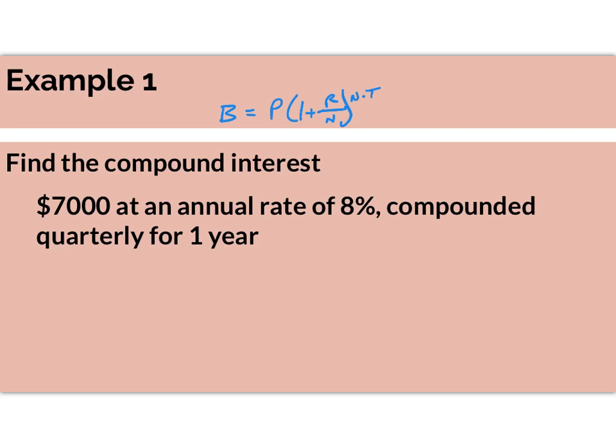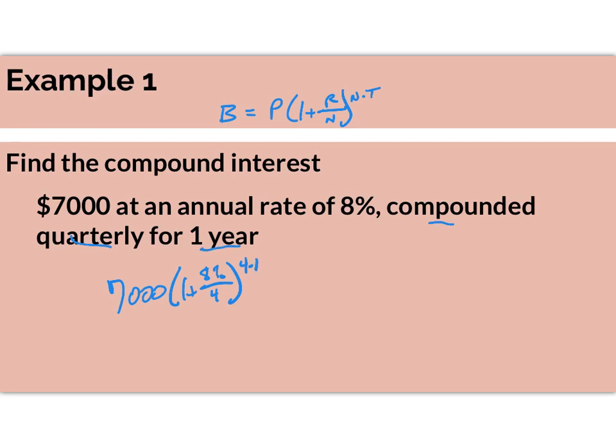So as we set up this equation, we're going to put 7,000, 1 plus our rate, which is 8%, divided by, this compounds quarterly. Quarterly means divide by 4, times our quarterly compound times how much time is 1 year.